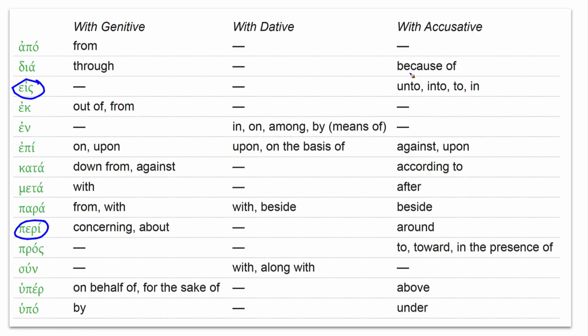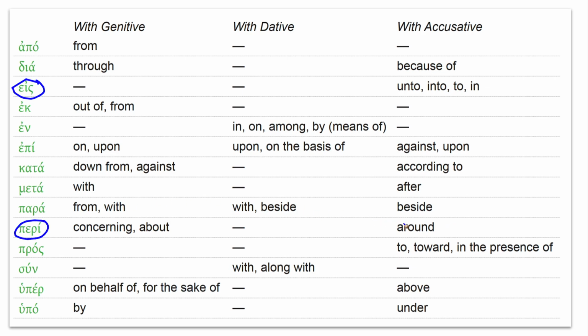So I always think that accusative generally, if there's a difference, will be something about place, like ὑπέρ is above, ὑπό is under. Whereas genitive is more abstract. So on behalf of, ὑπέρ would be on behalf of, for the sake of somebody else, or by. Whereas this is more something in the physical universe, above or below. Around, you can think of somebody coming around someone in physical space.